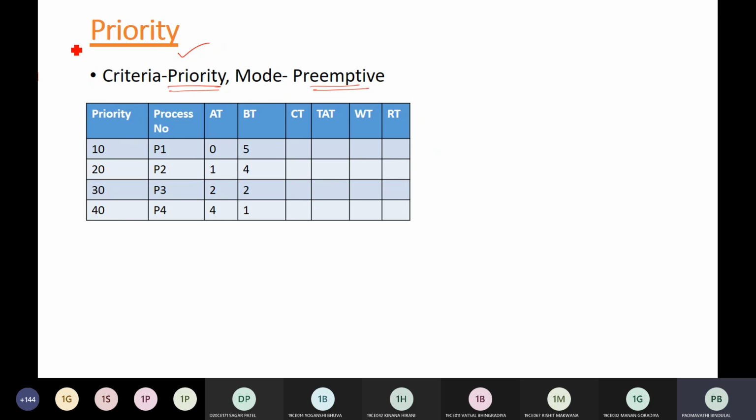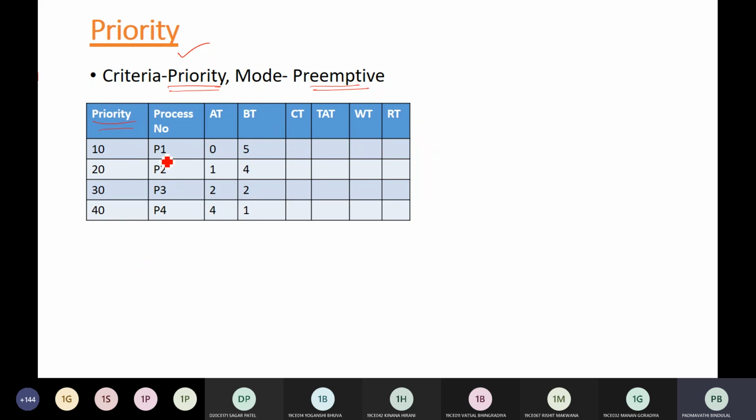Okay. Now in priority scheduling, you will be given another parameter also, that is called priority. Normally the priority will be given as either low number, high priority, or high number, high priority. The specification will be given to you. So based on that, we have to complete this particular numerical.